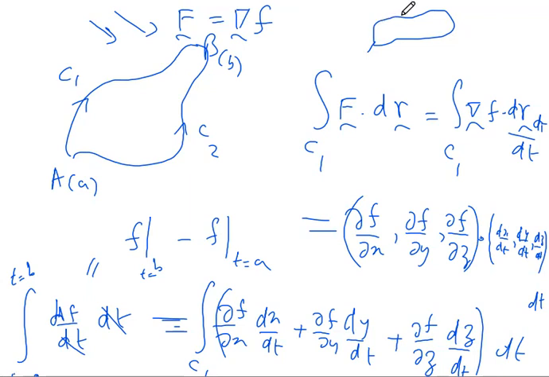If you have a simple closed path, because it is closed, the starting point and the ending point are the same.